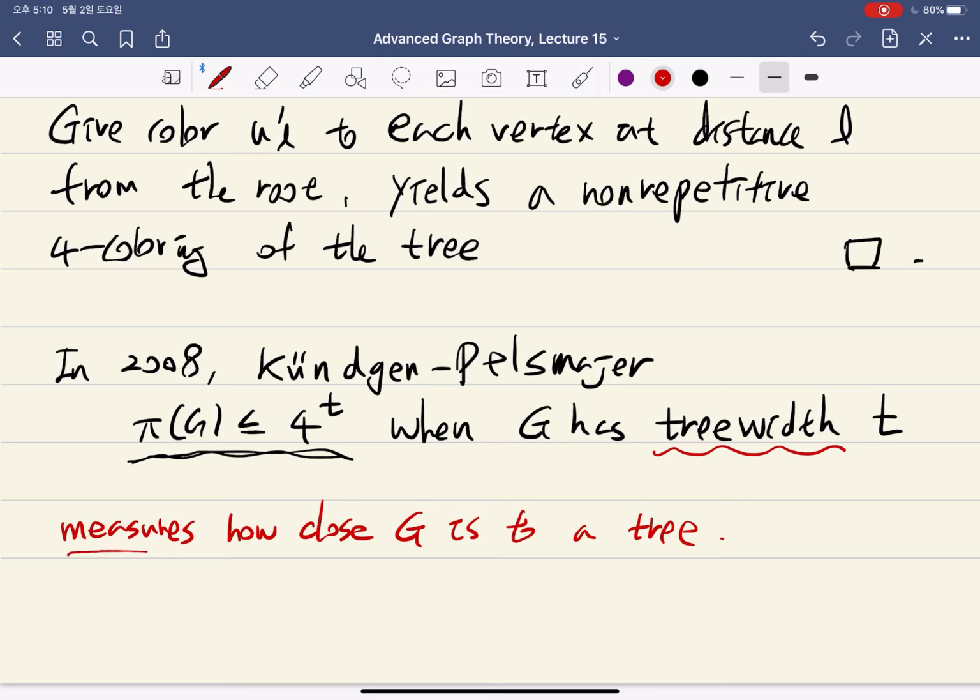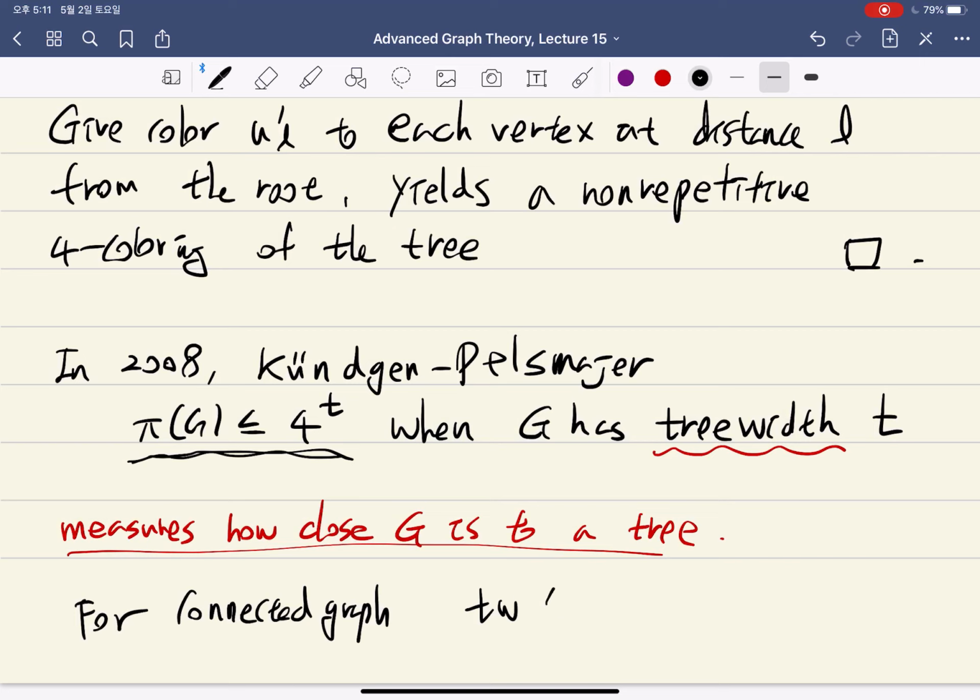So for example, we know that a connected graph G has tree width 1 if and only if it is a tree.